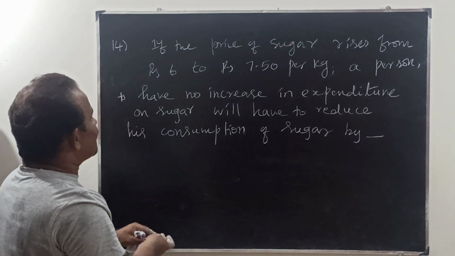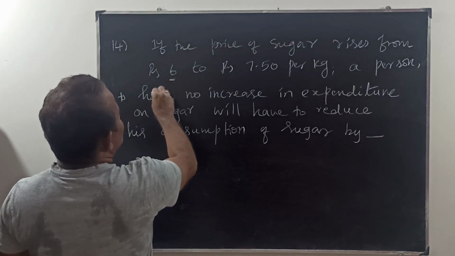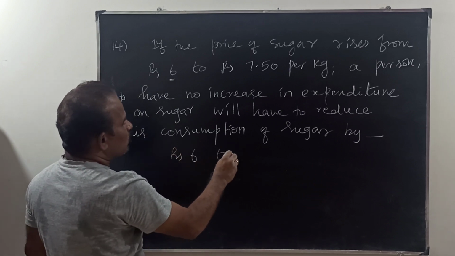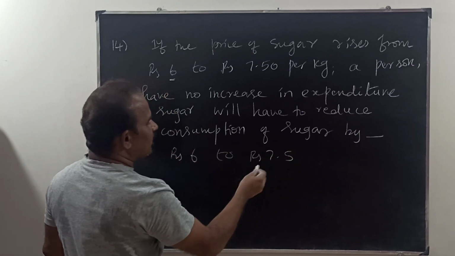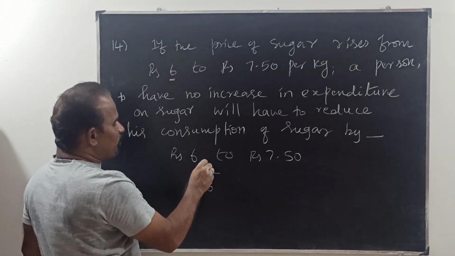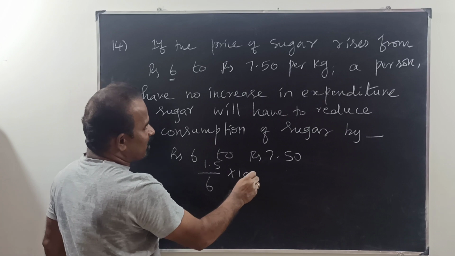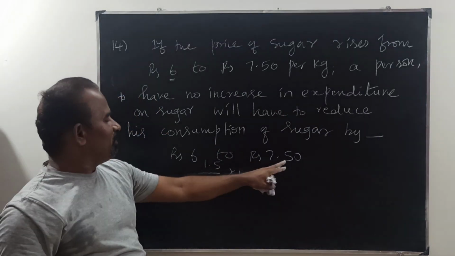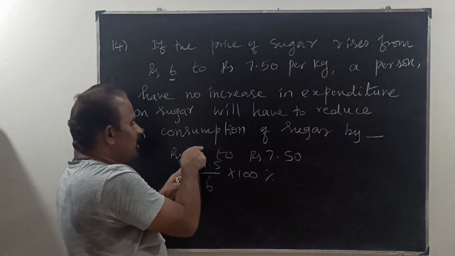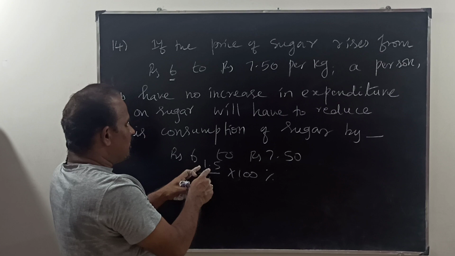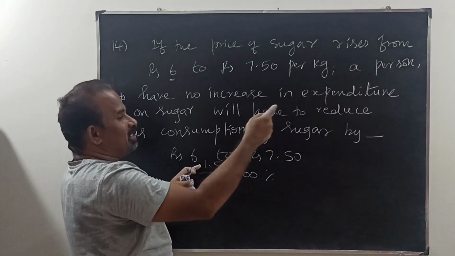So the same case, suppose this is A. By how much percentage is it increased? Rupees 6 to rupees 7.50. Out of 6, 1.5 rupees increased.